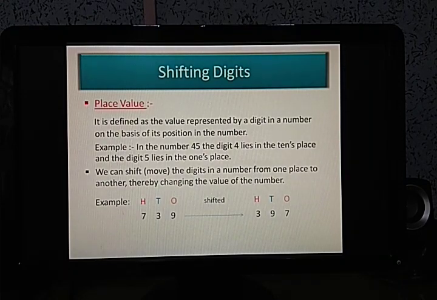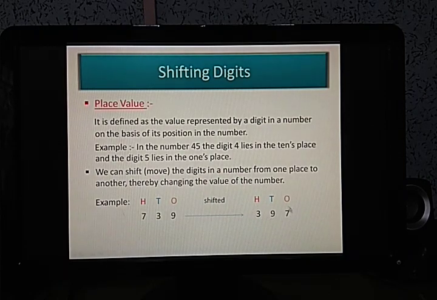Now if we shuffle or we shift or we move, whatever you say, the digits, then definitely we'll get a different number. So I have shifted the positions or the places or the place values, you can say, of the different digits, and here we get a different number. Before it was 739. I have shuffled or changed or shifted these place values of these digits.